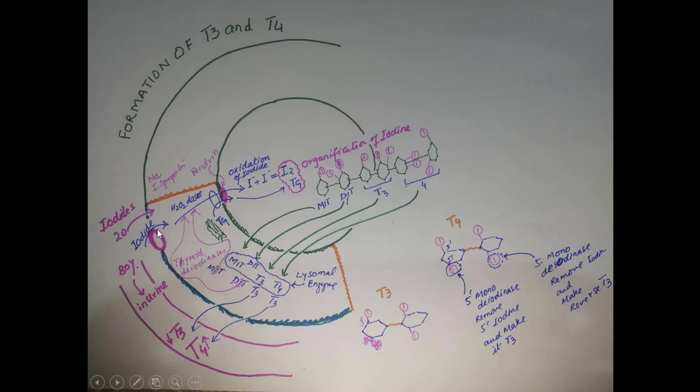Next step. The first step is the entry or the trapping of the iodide into the follicular cells through the sodium iodide symporter. Once the iodide is inside, it immediately moves onward, follow the direction, through a protein molecule which is a channel, known as the pendrin.